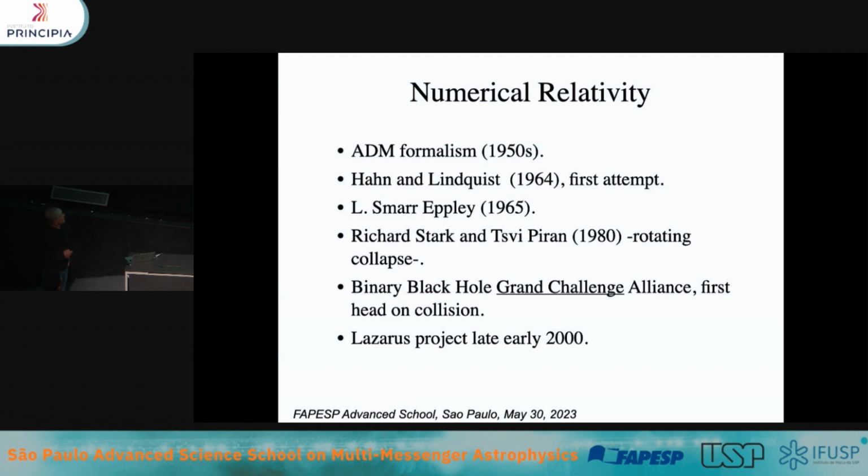The project, I think it was called the Grand Challenge Alliance, and eventually it didn't go that far. And there was a particular project called the Lazarus Project that in the late 90s, early 2000s made some progress, because it was essentially trying to not do full-blown numerical relativity, but using some approximation techniques.